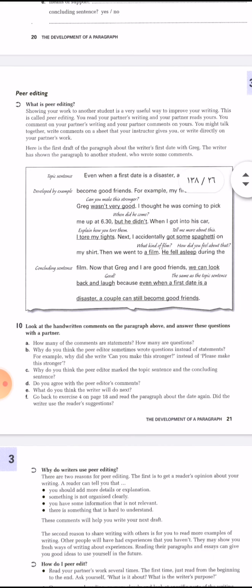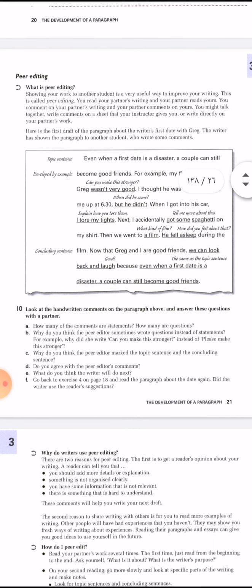Here is the first draft for a paragraph about the writer's first date with Greg. The writer has shown the paragraph to another student who wrote some comments.